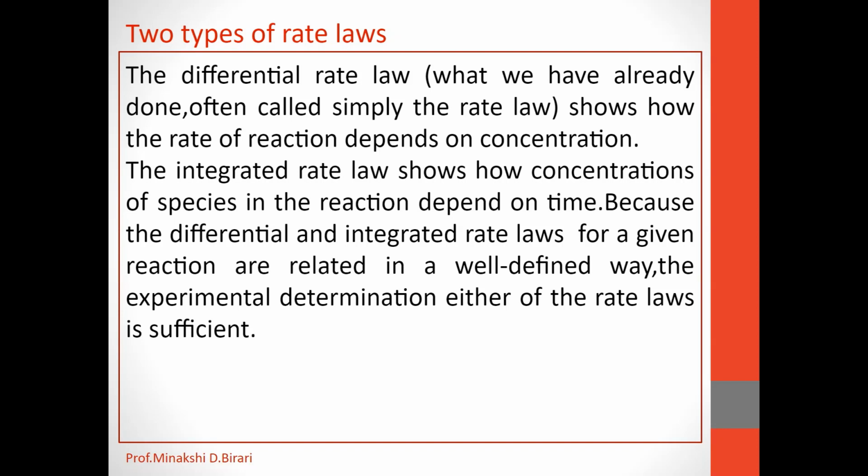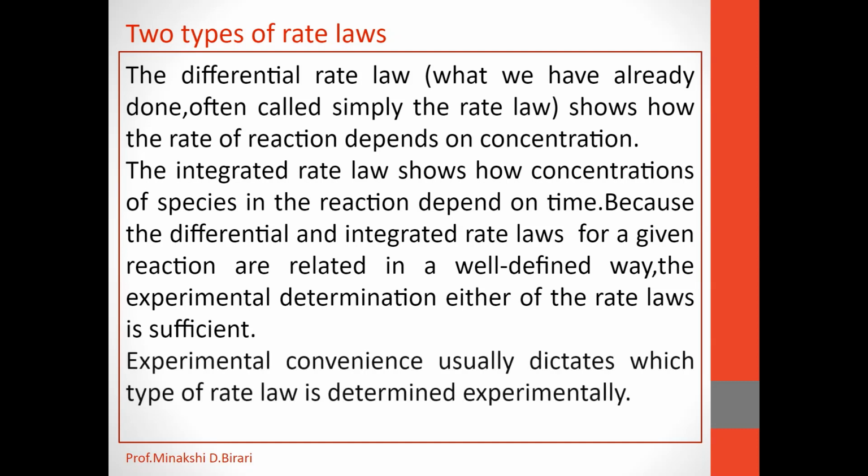Because the differential and integrated rate laws for a reaction are related in a well defined way, the experimental determination of either of the rate laws is sufficient. So experimental convenience usually dictates which type of rate law is determined experimentally. Integrated rate equation gives the concentration of reactants at any time during the course of a reaction.